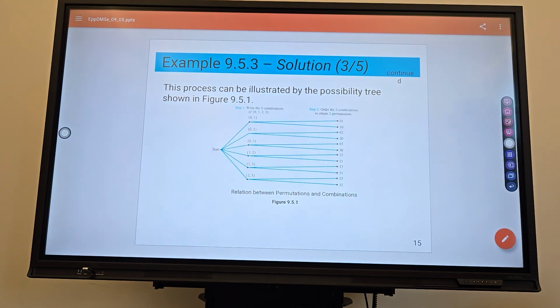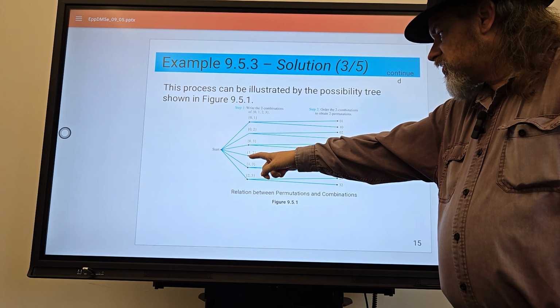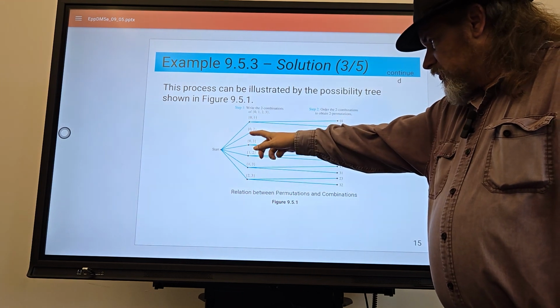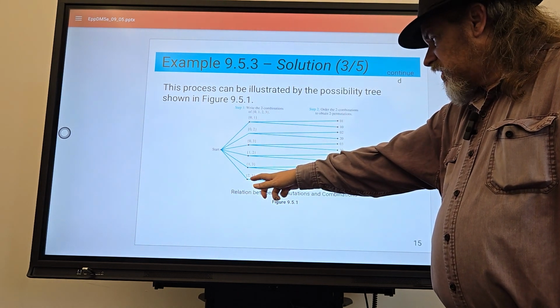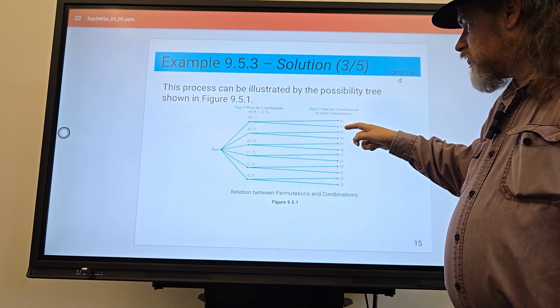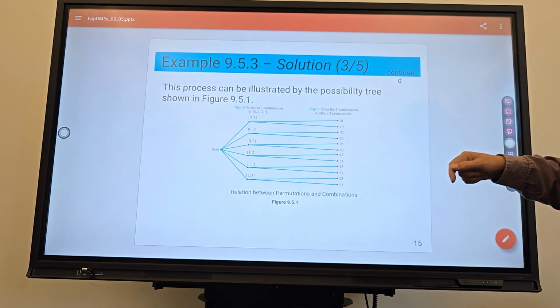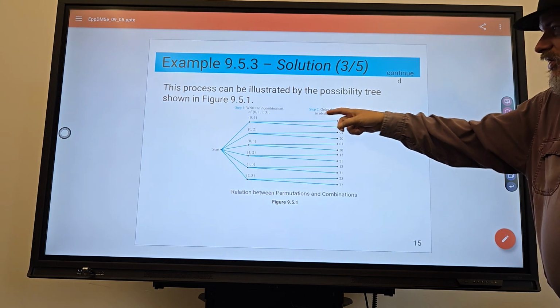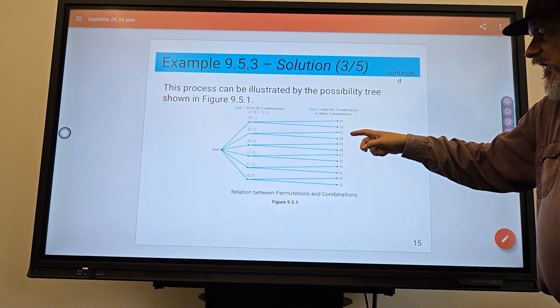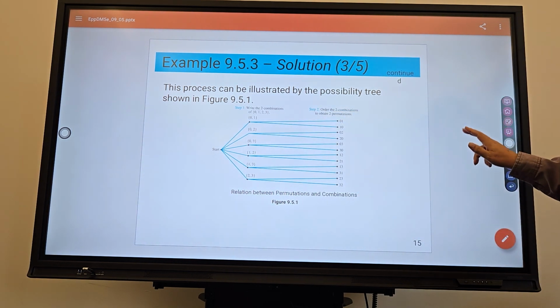You can see here how it works out. You choose the two-combinations, and then you write the two orders in which they can be for each combination, and you get a total of 12.